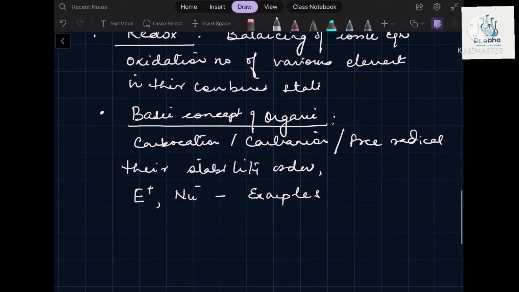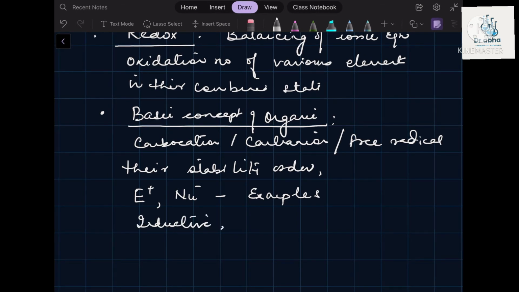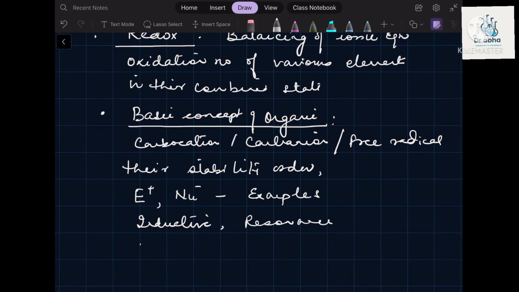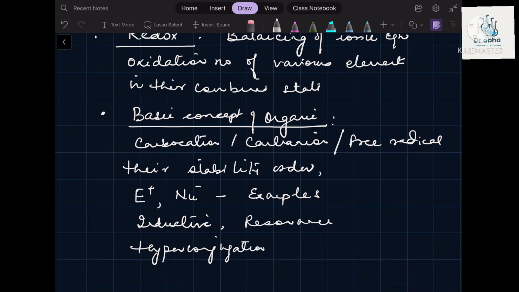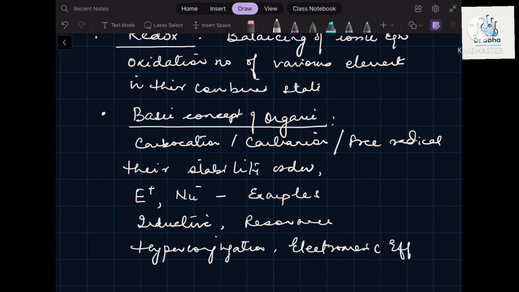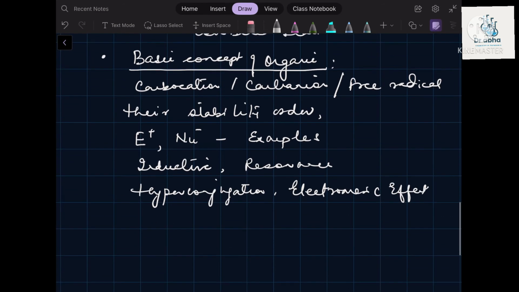And effects, ultimate important. Inductive effect and resonance, it is most important. Although we have application of hyperconjugation and electromeric effect when we do ketones, right? Nomenclature is vast.